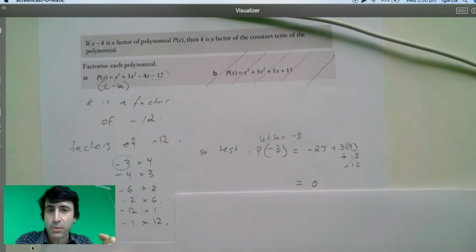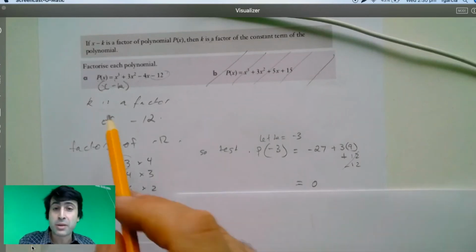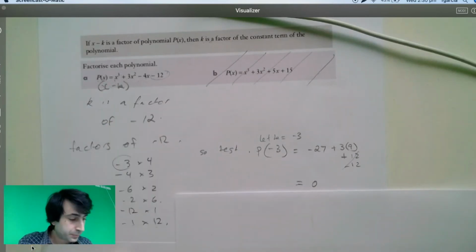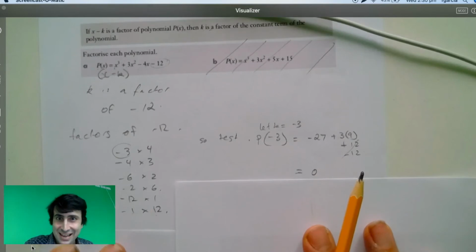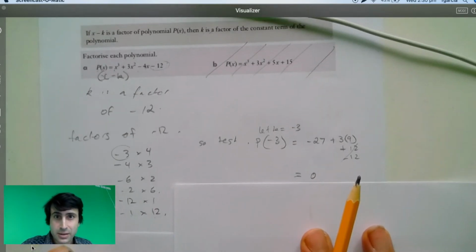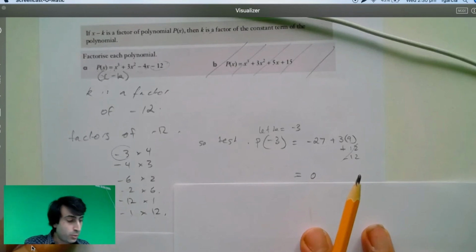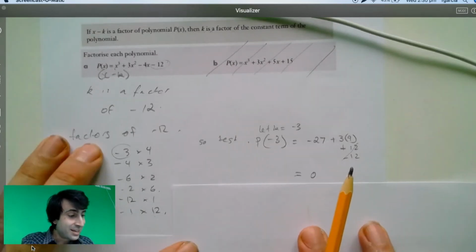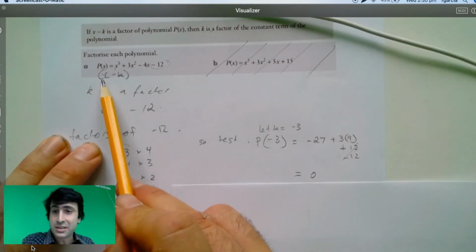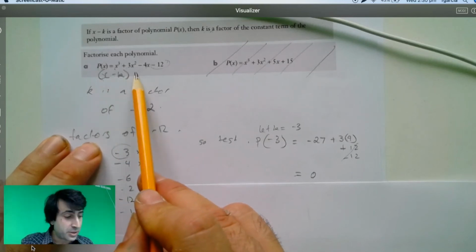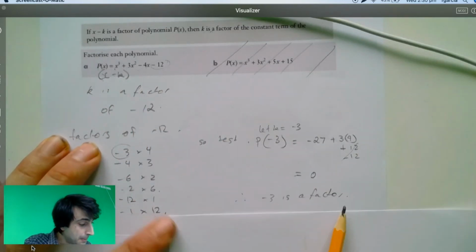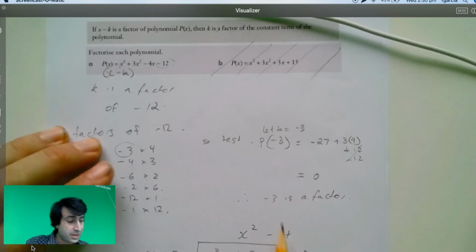Therefore, boom, from what we learned earlier, it is a factor of polynomial p. And so, in that case, let's factorize it. What do I mean? Well, I'm just going to divide x minus negative 3, in other words, x plus 3, into the polynomial.